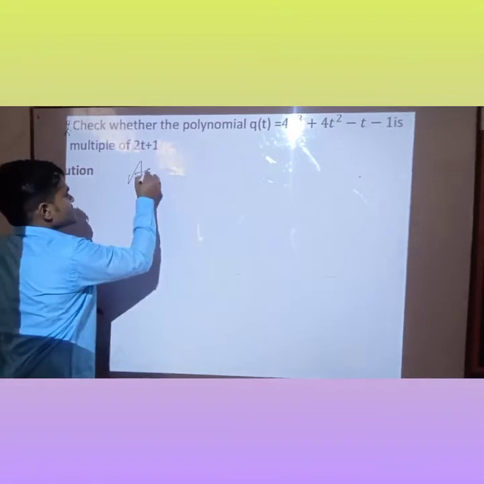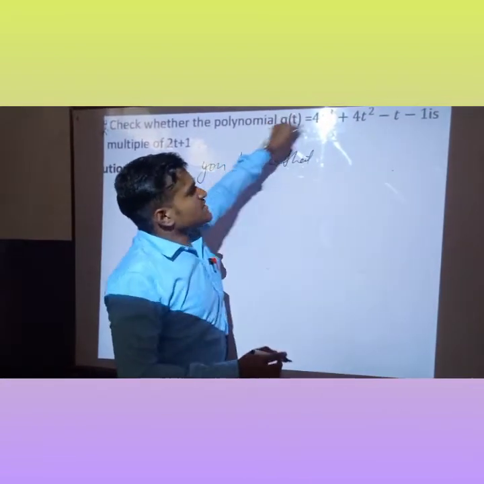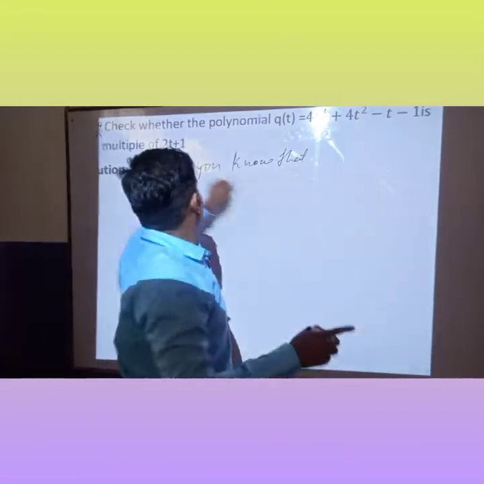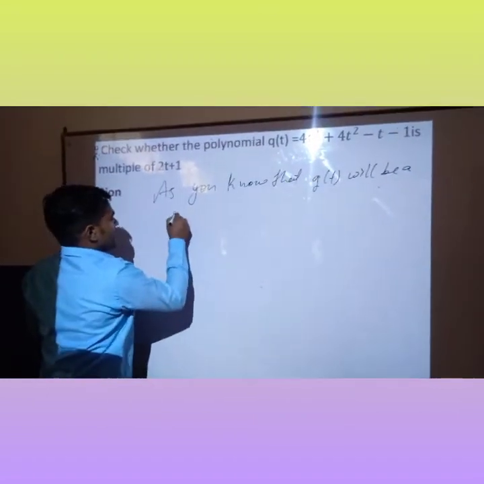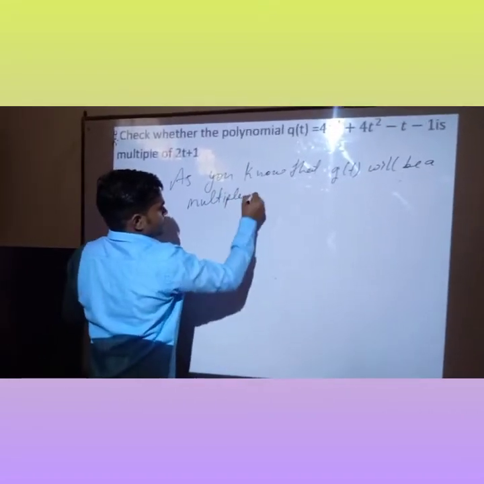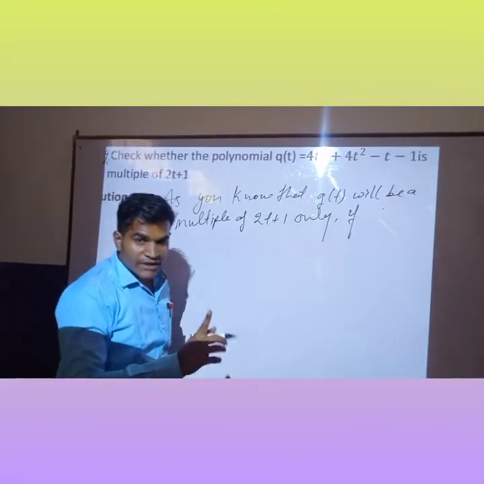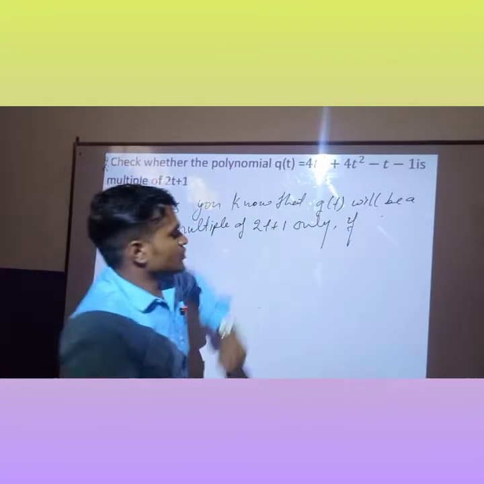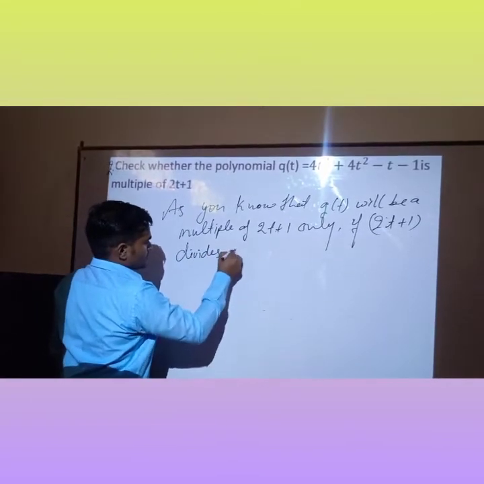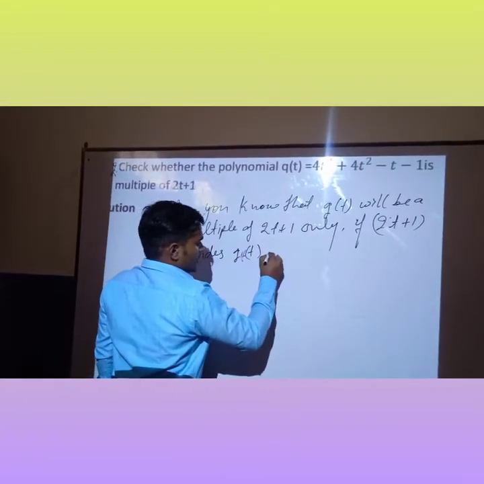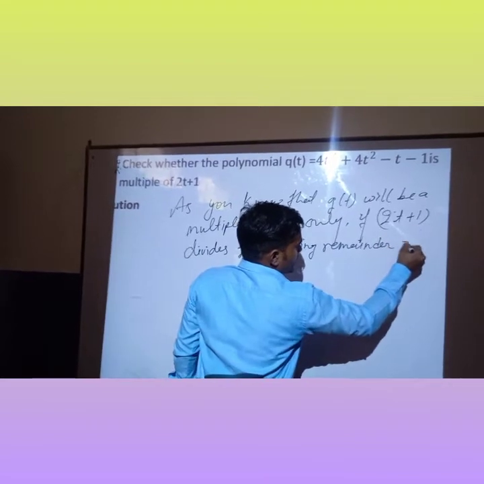As you know, q(t), the given polynomial, will be a multiple of 2t plus 1 only if 2t plus 1 divides q(t) leaving remainder 0.